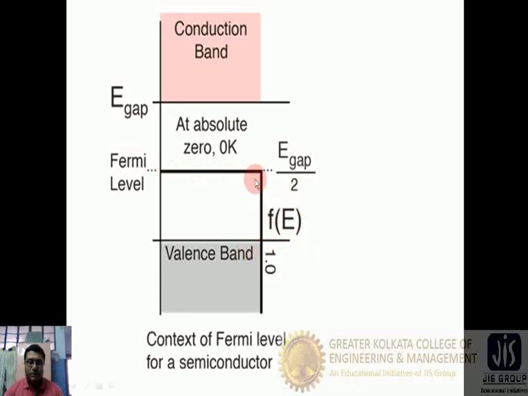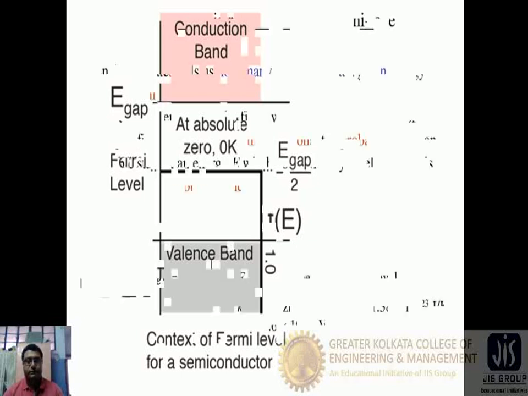You can see all the electrons are present over here in the valence band, so the probability is 1, and in the conduction band it is 0 for 0 Kelvin temperature. It is the context of the Fermi level for a semiconductor.